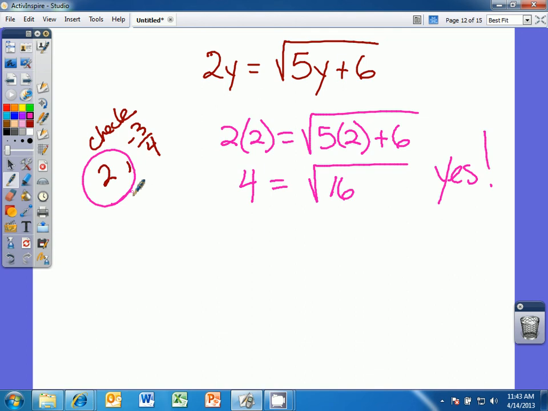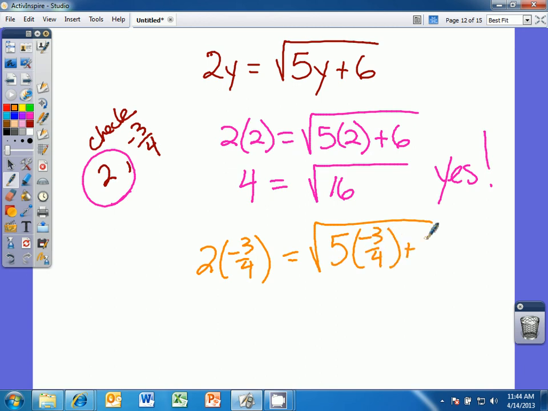Then I'll go and I'll check the negative 3/4. 2 times negative 3/4, is that equal to the square root of 5 times negative 3/4 plus 6? Okay, right here I see that I'm going to have a negative 6/4.